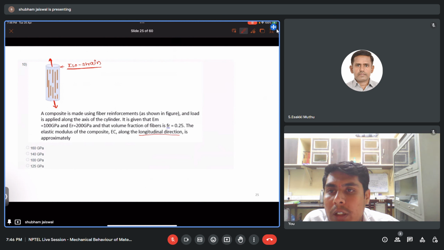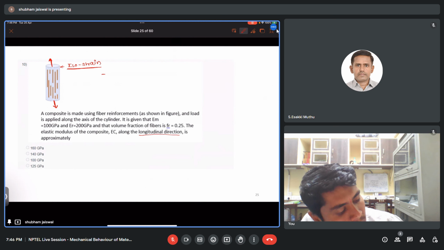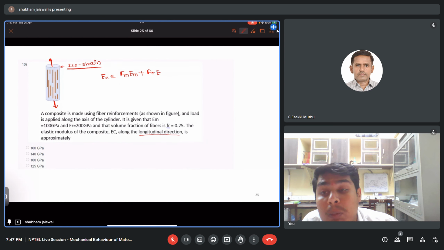And for the isostrain condition, we know the Young's modulus of the composite is given by EC equal to the fraction of matrix times Young's modulus of matrix plus the fraction of reinforcement times the modulus of reinforcement.